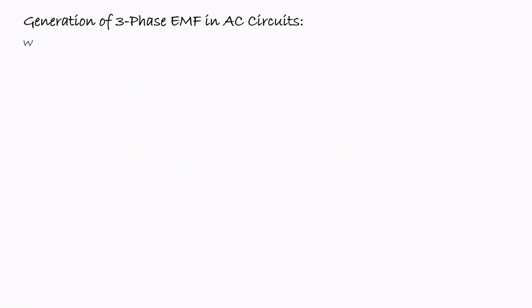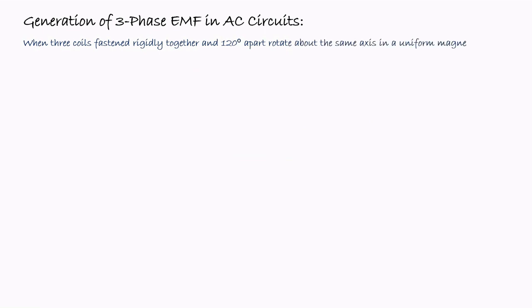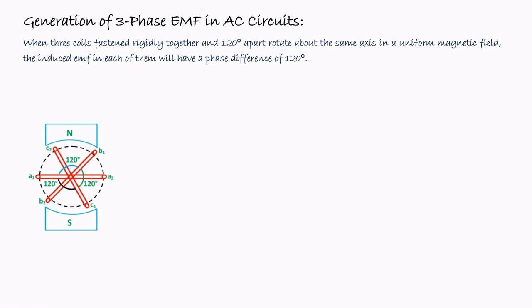So let's see the concept. When three coils joined together and 120 degrees apart rotate about the same axis in a uniform magnetic field, then the induced EMF in each of them will have a phase difference of 120 degrees. So let's see this figure.